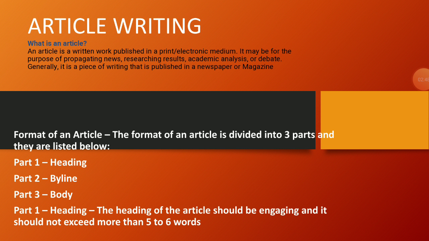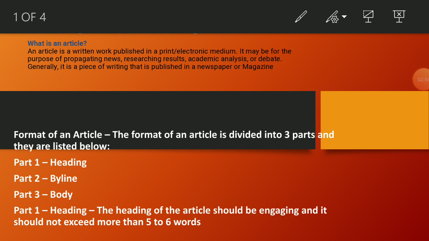Now there is a format for an article. The format is quite simple. It will not be the least difficult for you to understand. First thing is you have to give a heading. Sometimes in the question only headings are given, but if a heading is not given, then you have got to give a catchy headline for yourself. Okay, then you have a byline.